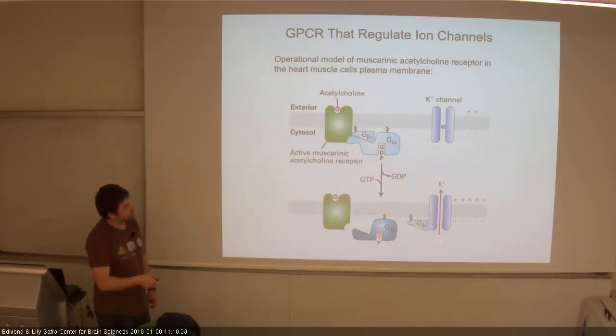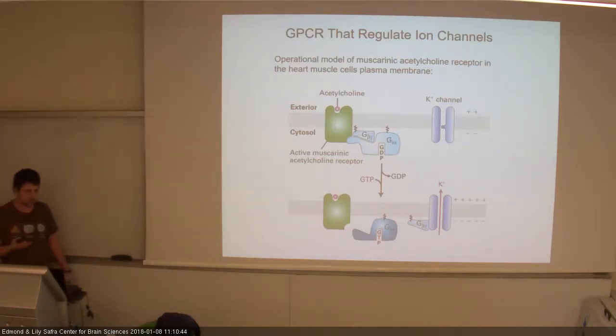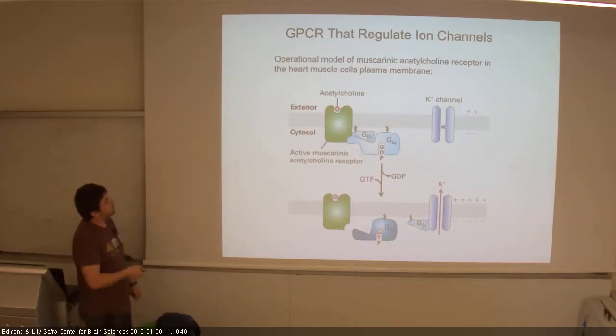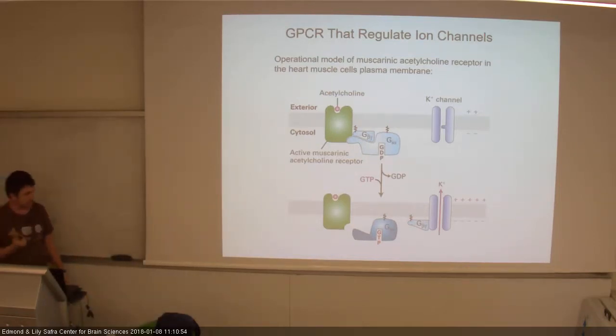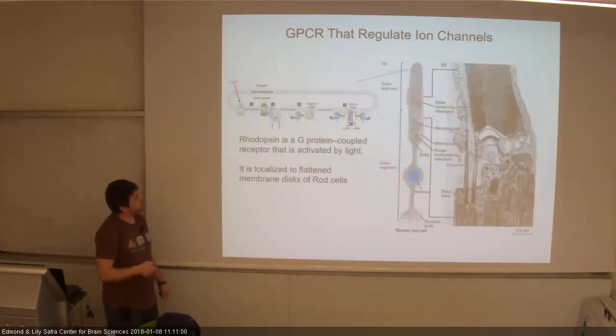Once this potassium channel is opened, the potassium leaks out and the cell becomes more hyperpolarized. If the muscle cells are more hyperpolarized, then the heart rate is reduced. The speed of the pumping of the heart is reduced due to this activation with acetylcholine.